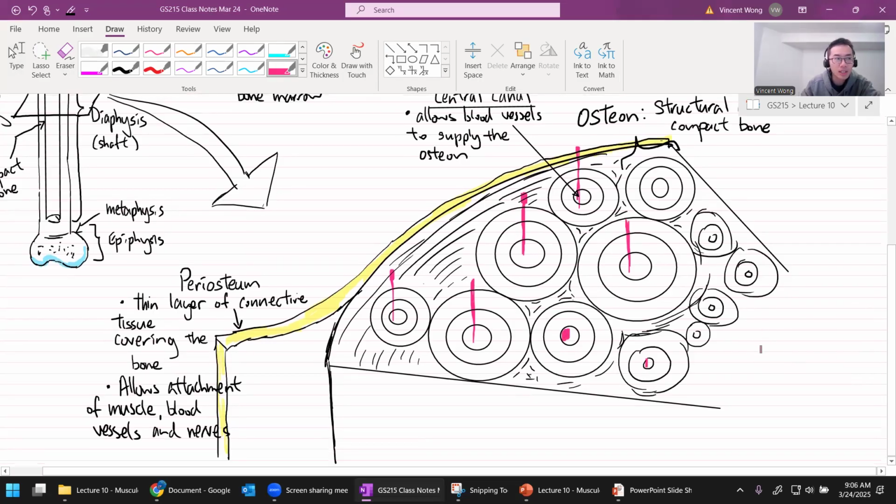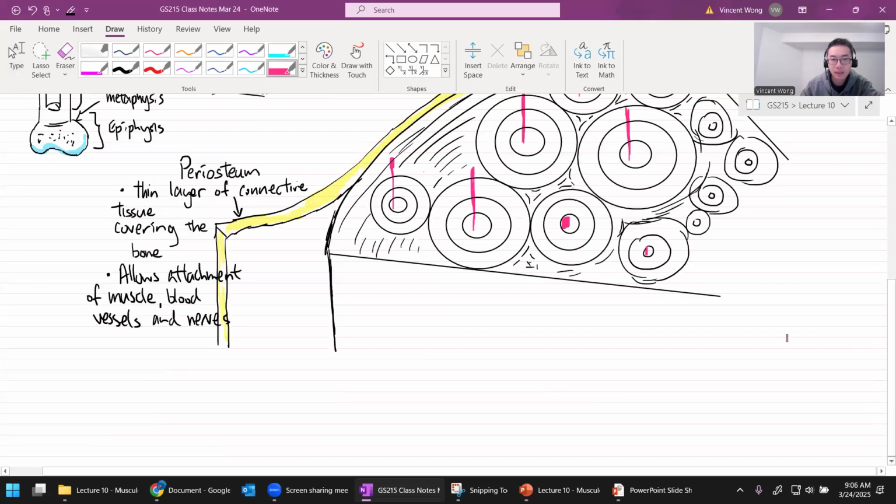Now these osteons actually run the entire length. Just for the sake of showing you, I'm going to draw half of an osteon here, and then I'm going to draw the rest of it, like you see, running through the entire diaphysis.